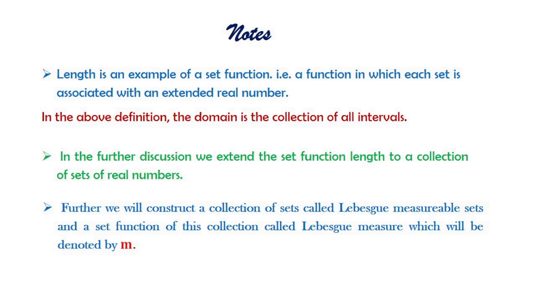In the further discussion, we extend the set function length to a collection of sets of real numbers. Obviously, we will increase our domain. In the above definition, the domain is only the collection of all the intervals.